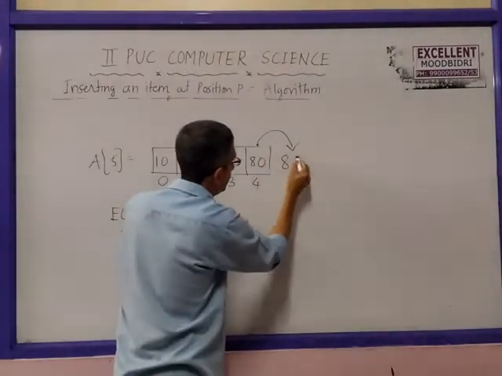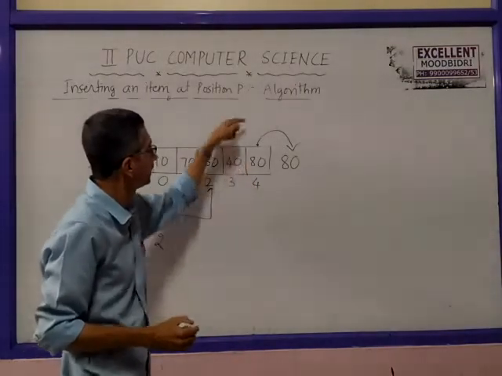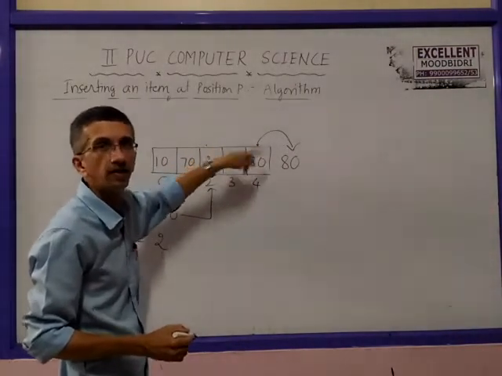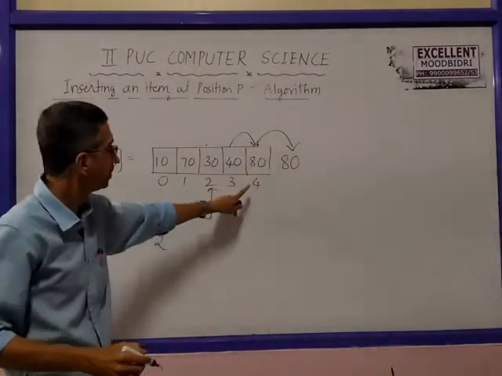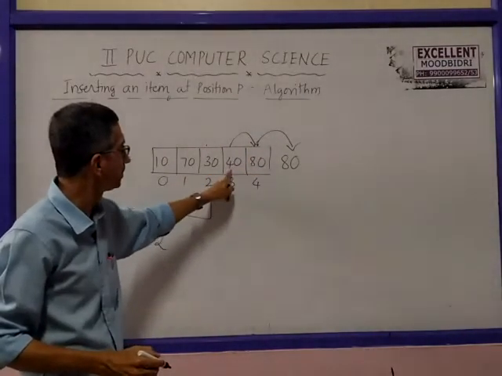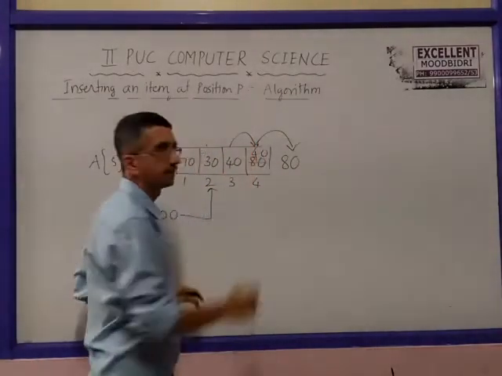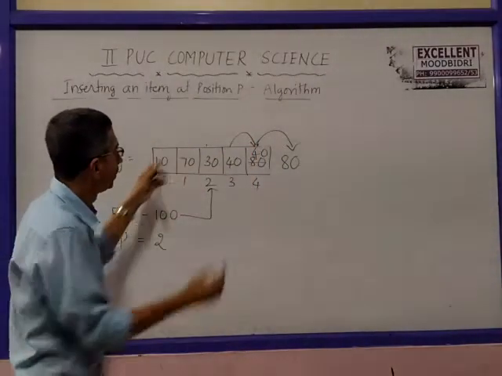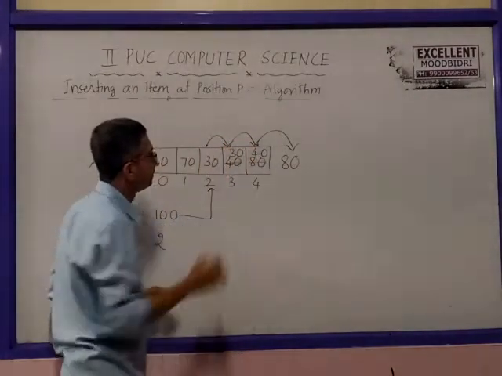So here comes 80; here also 80 at present. Copy the previous value to the next. So copy 40 to the next index 4. The value at index 3, 40, is copied there. So 80 goes and 40 comes here. Right? Here 40, copy the previous value. So 40 goes and 30 comes here.